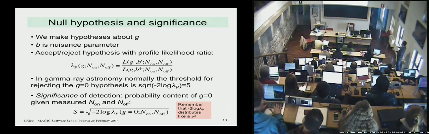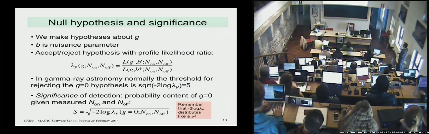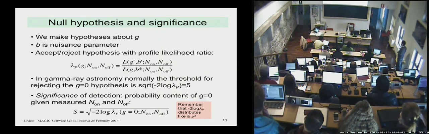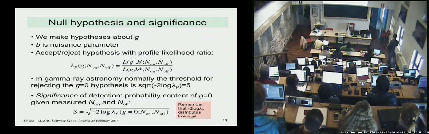And in general, we can compute the significance of a detection, and the probability content of this G equals 0, given the measured n on and n off. So the significance would be the square root of the -2 log of the profile likelihood ratio evaluated at G equals 0, given the data.